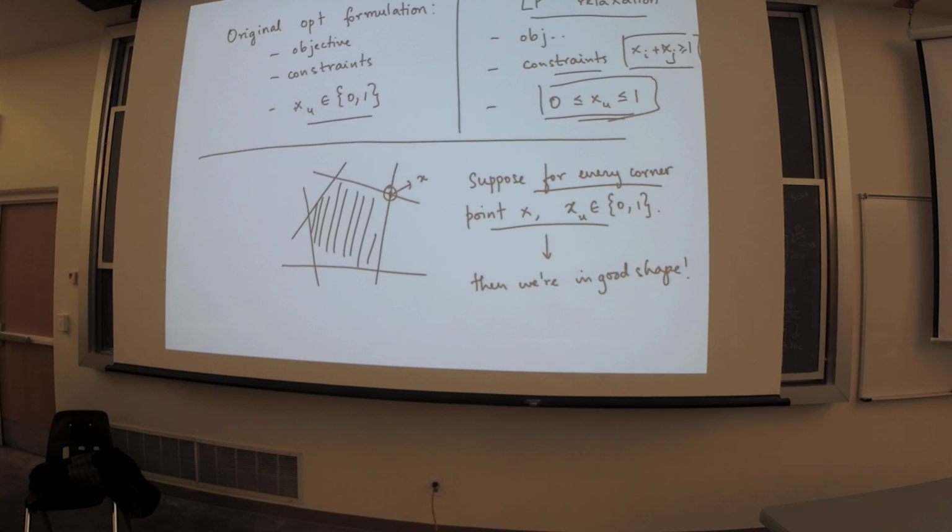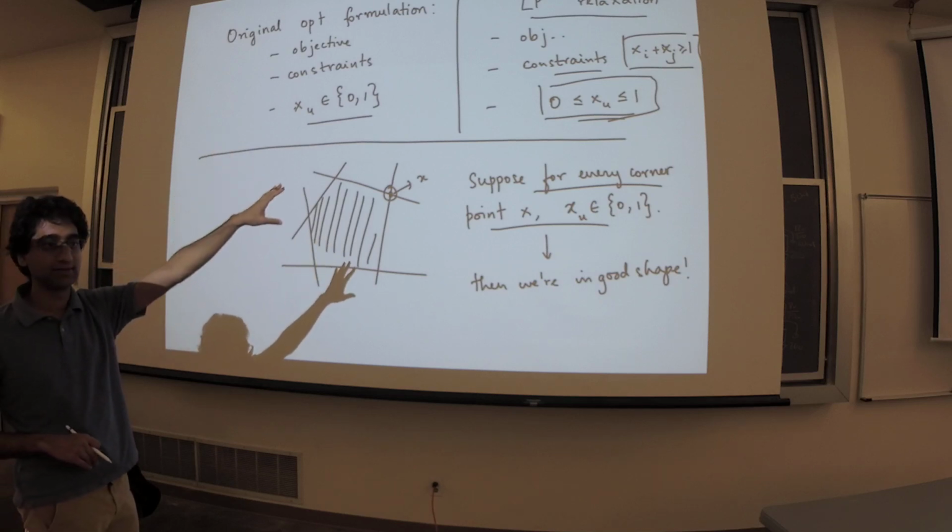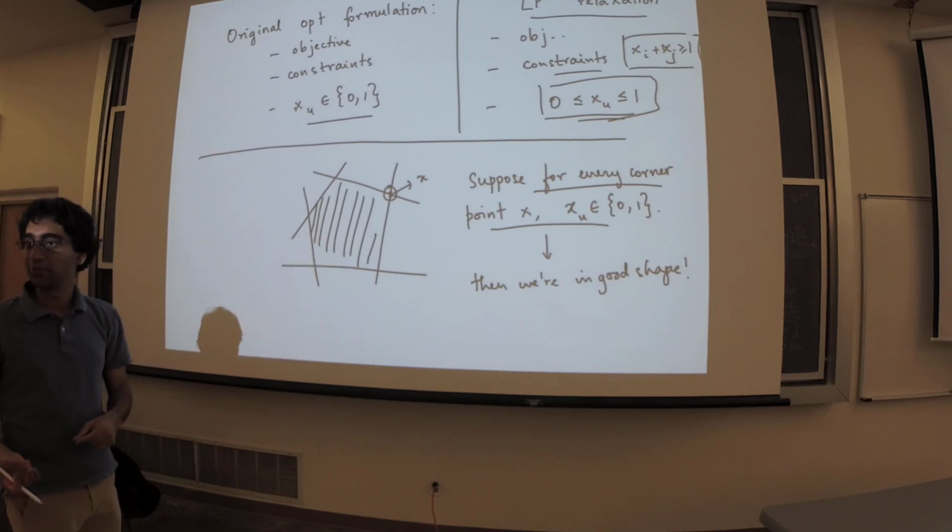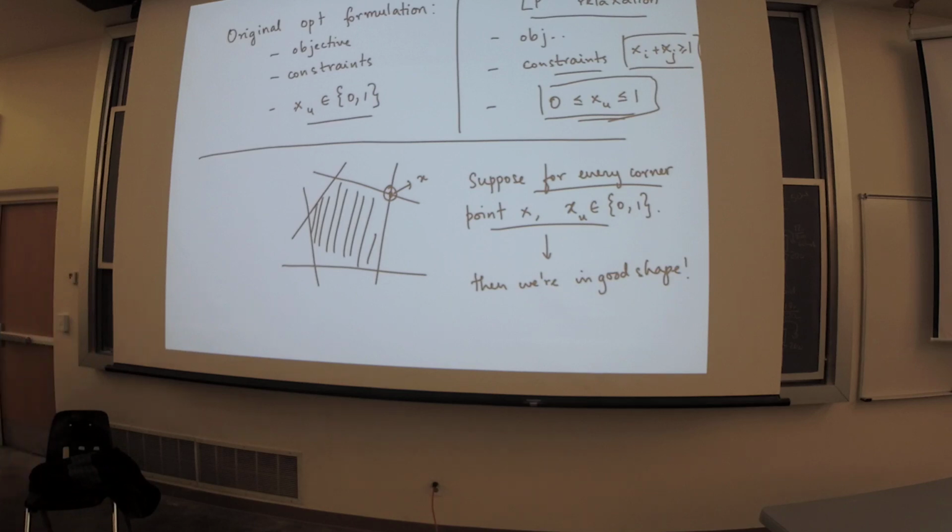Okay, but there are problems like vertex cover where what you get if you solve the relaxation will not actually be an integer point, and there you have to do something called rounding to actually try to convert it to a corner point, to an integer point. And then you might lose some factor in the approximation. Okay, so we'll see that a little bit in the next class, which is next Thursday.